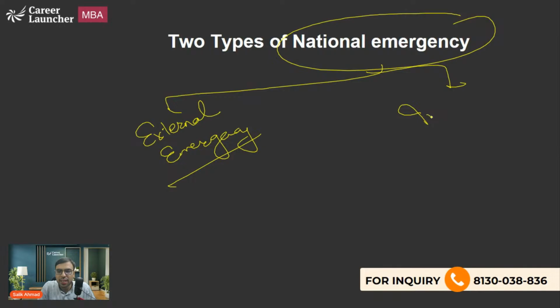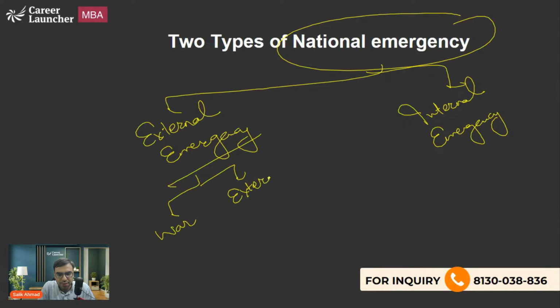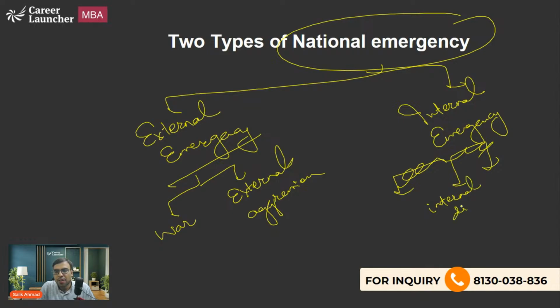External emergency is due to war or external aggression. And internal emergency: earlier the reason was internal disturbance. Later on, by the 44th Amendment, this was changed to armed rebellion.